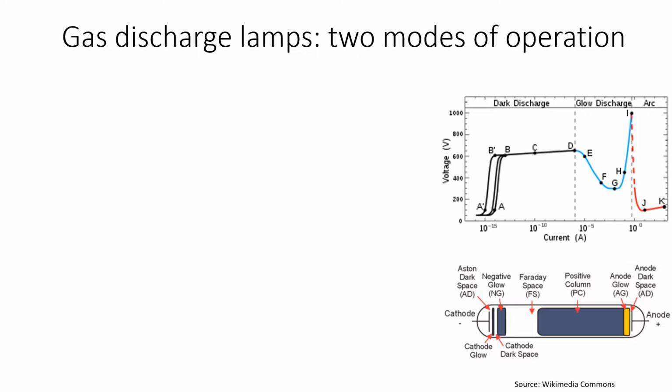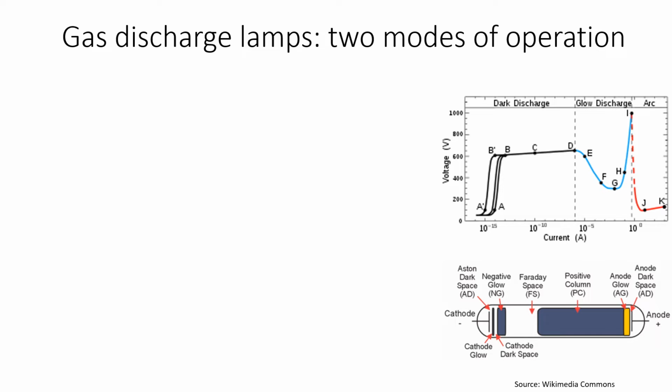On the top picture, we've got current on the x-axis, on a logarithmic scale. On the left-hand side, we've got these absolutely tiny currents, and hence the dark discharge. There's not nearly enough light off this to notice it. Once you get past that first dotted vertical line, there's enough current for you to see the light coming off, the so-called glow discharge.